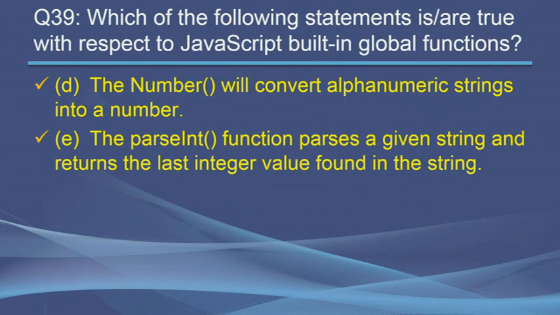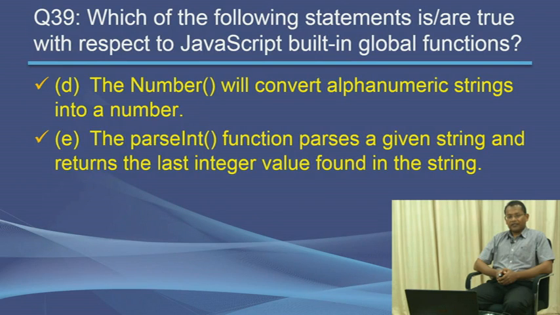If you look at option D, Number will convert alphanumeric strings into a number. For example, if you have a string 200, it will be converted into a numeric value of 200. If you have 10.33 as a string value, it will be converted into a 10.33 value. The same goes for parseInt.